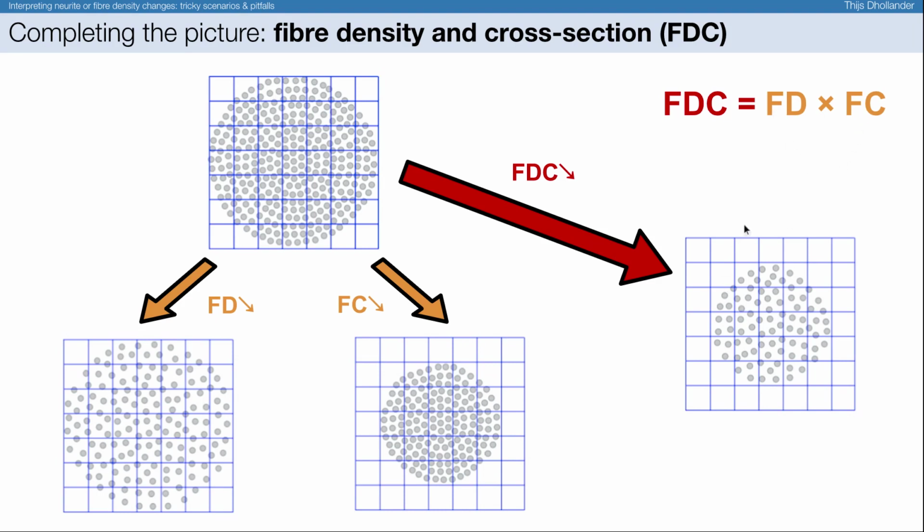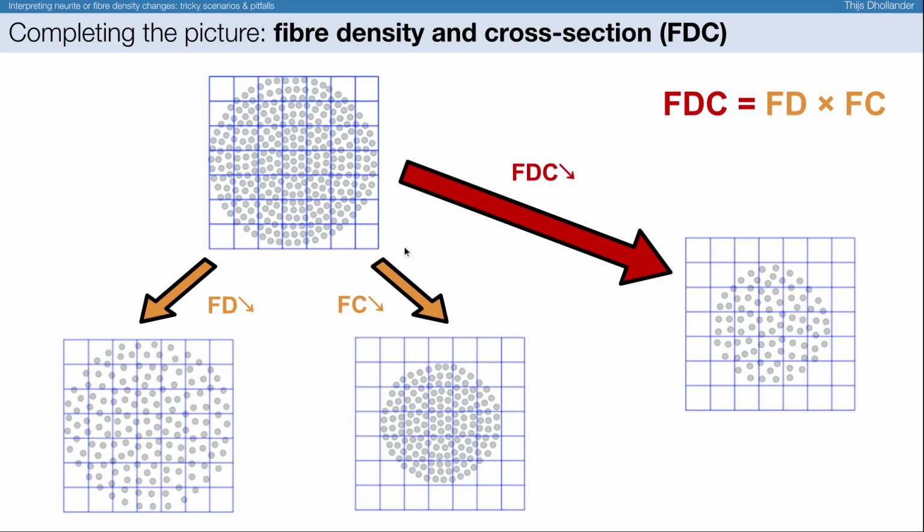And for example, in this situation here, you can actually see the density went down, but the cross-section also went down. Whereas the fiber density metric would pick up some of that effect, and the FC metric would pick up also some of that effect. The FDC picks up both. So the effect size here would actually be almost twice as much in FDC.